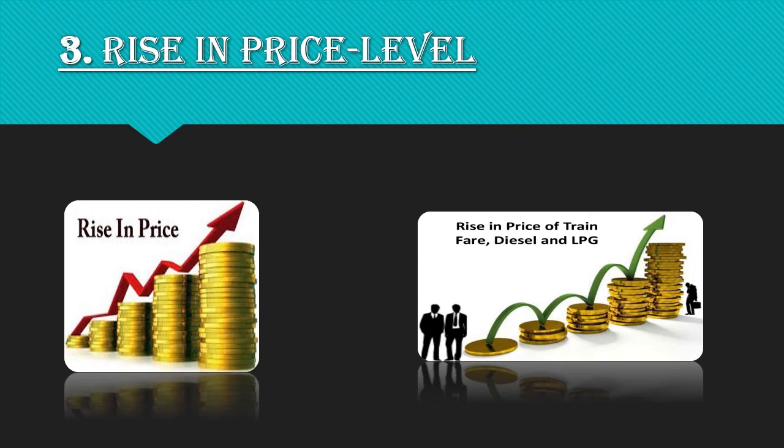In the public distribution system, the government gives goods to the public at a lower rate. They are not earning any profit here. The government has to give goods in the public distribution system and spend a lot of money on that, which is another reason why the rise in price level is affecting public expenditure.